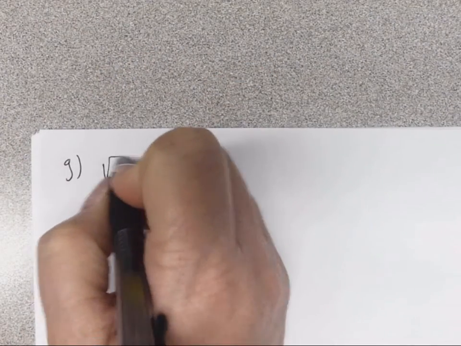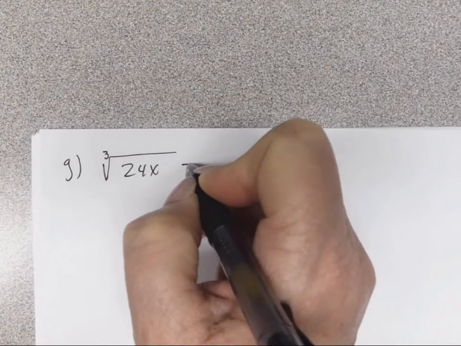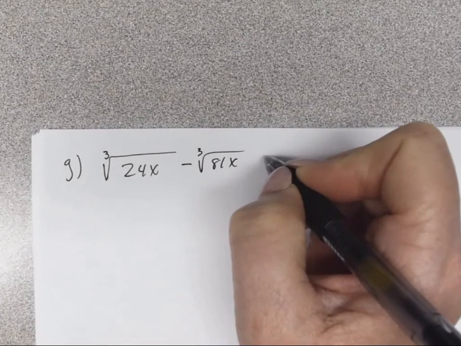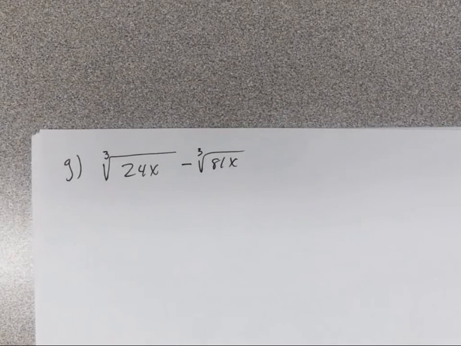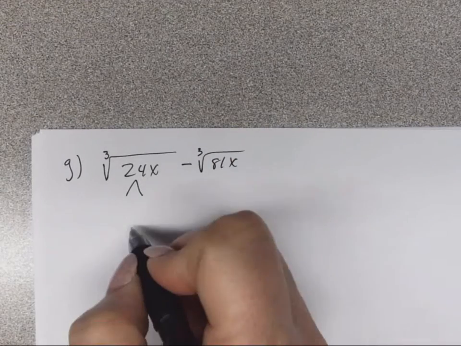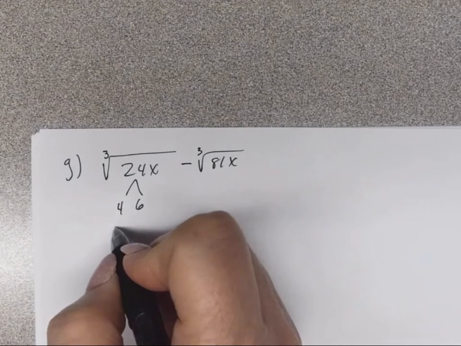So we have the cubed root of 24x minus the cubed root of 81x. And we need to break these down. So we just have 2 terms this time. So 24, we'll just go with 4 and 6. You could have done 2 and 12 or 3 times 8.